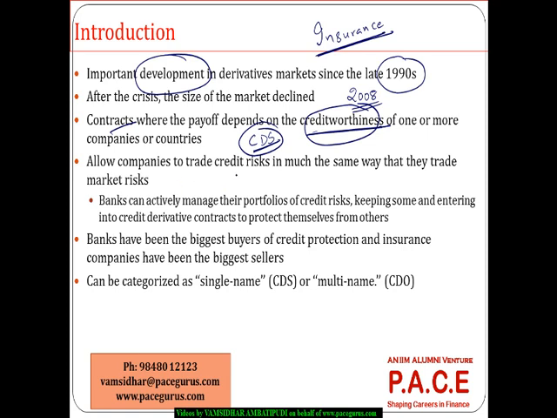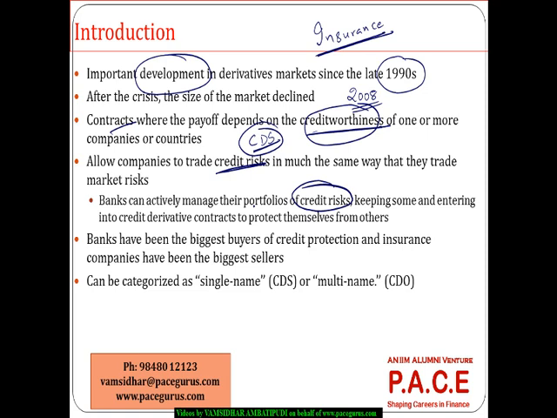It allows companies to trade credit risk exactly in the same way they can deal with their market risk. Banks typically give loans, which means they have a big portfolio of credit risk, because they give different kinds of loans and are exposed to different forms of credit risk.